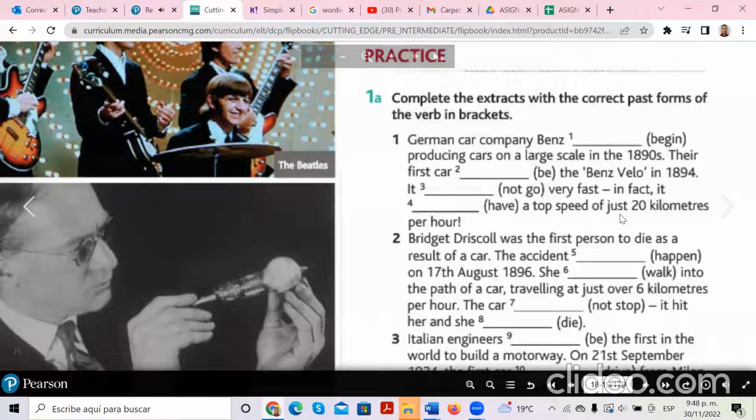The accident happened on the 17th of August, 1896. She walked into the path of a car travelling at just over 6 kilometres per hour. The car didn't stop. It hit her and she died. 3. Italian engineers were the first in the world to build a motorway. On the 21st of September 1924, the first car drove from Milan to Varese on the Autostrada A9, a distance of about 50 kilometres.